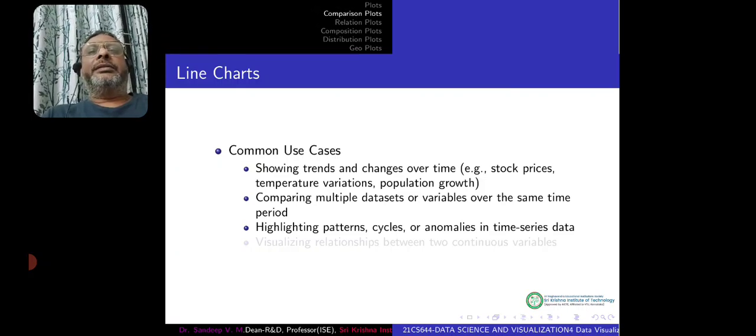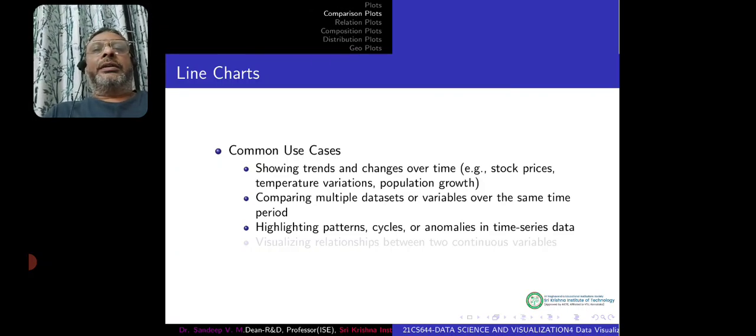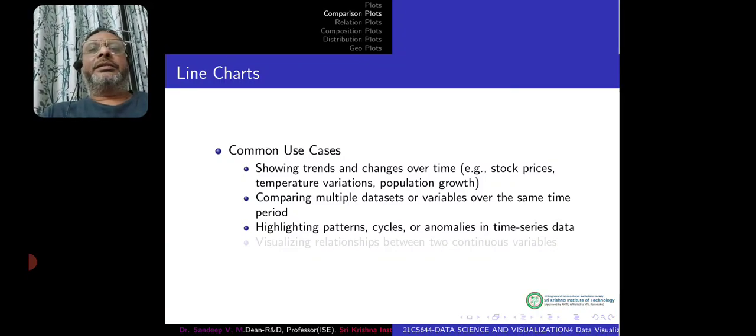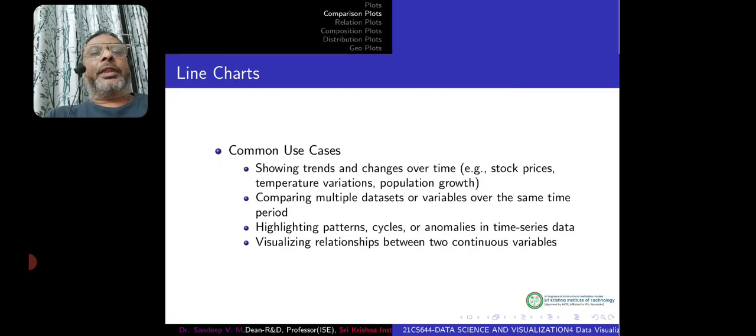That's easy to convince that what we are trying to present, instead of the numeric data, it would be always better to put it as a line chart and show.